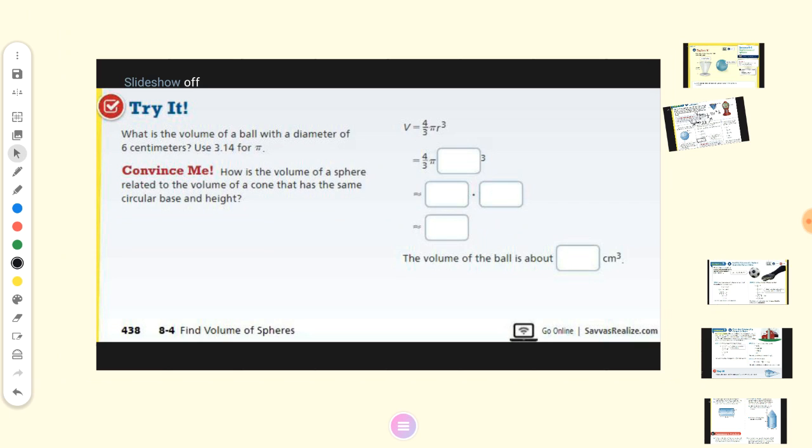What is the volume of a ball? Ball here refers to a sphere, of diameter 6 centimeters. Actually, the rule is in terms of r, so r equals diameter divided by 2, which equals 6 divided by 2 equals 3. So r equals 3.